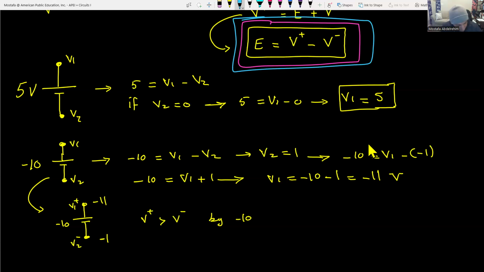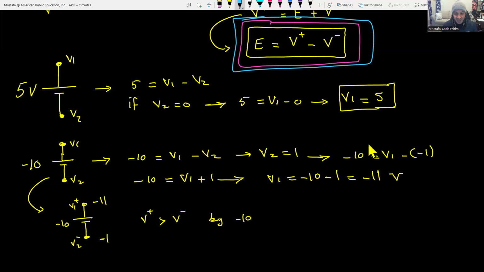E equals V positive minus V negative. Whatever the value of E is, positive, negative, 0, whatever, and whatever the V1 value, whatever the V2 value, you have to use this definition.